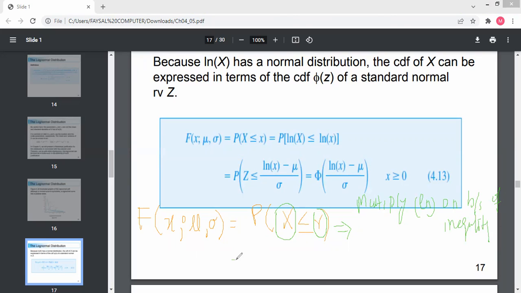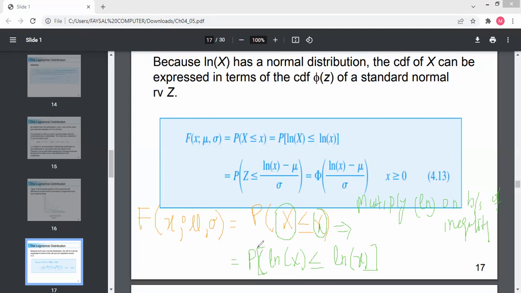So it will be P with log X less than or equal to log x, that is log capital X less than or equal to log small x respectively.